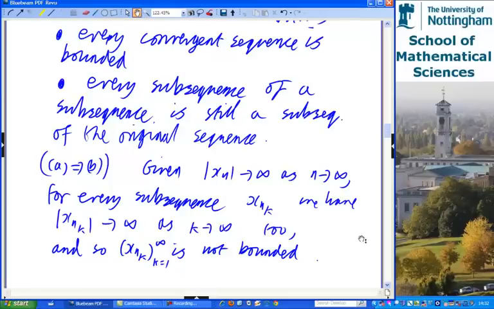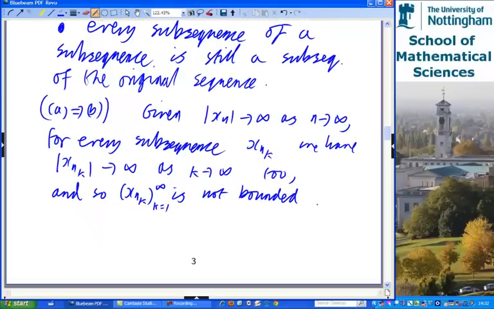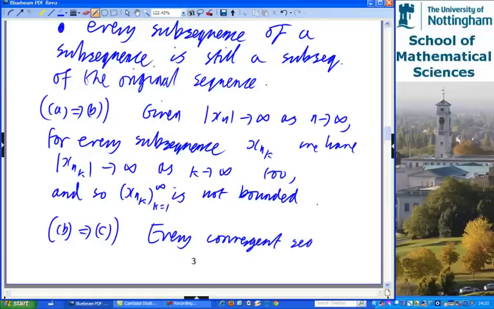And for B implies C, if I've got the logic the right way round, this is just because every convergent sequence is bounded. So if you've got no bounded subsequences, you can't have any convergent subsequences either.